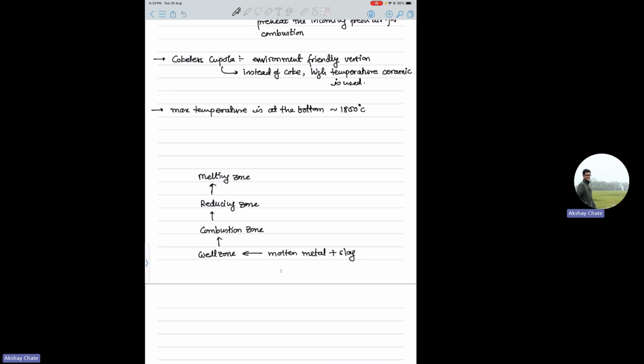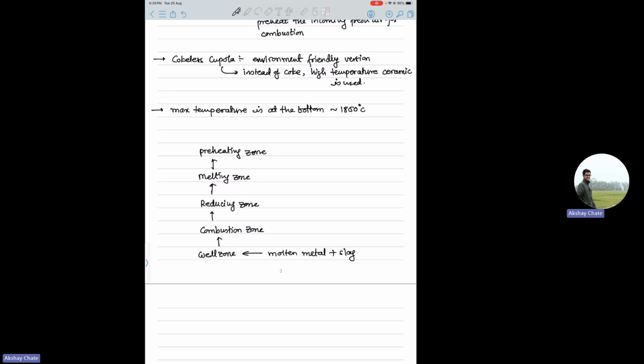This is where actual melting happens, and the iron gets mixed with carbon monoxide and forms iron carbides, with the release of CO2 gas. Then there is the preheating zone, because above the melting there will be another charge, which is not yet melted, and that gets preheated because of the melting of the iron beneath it.